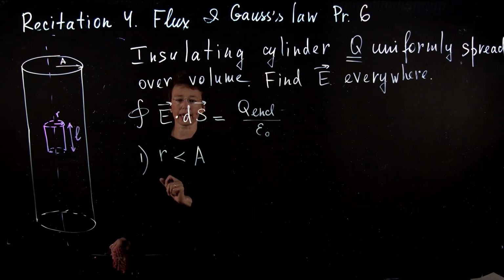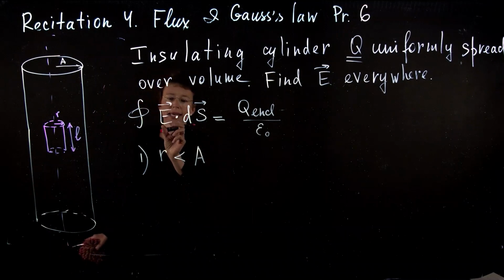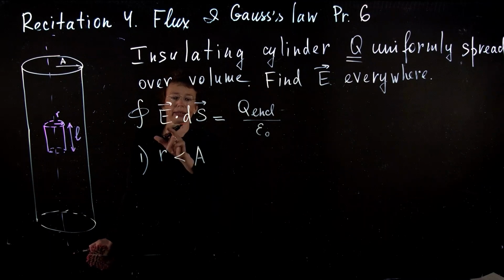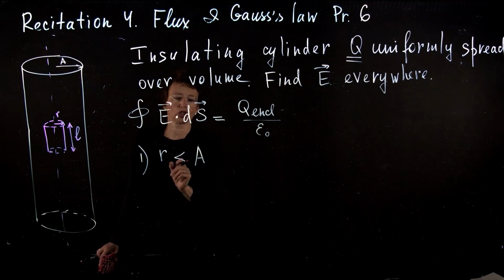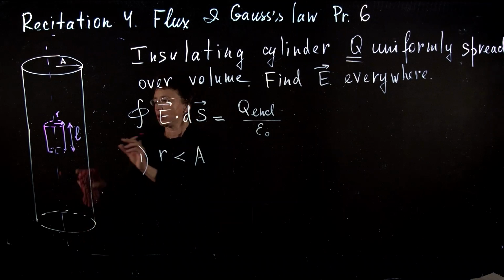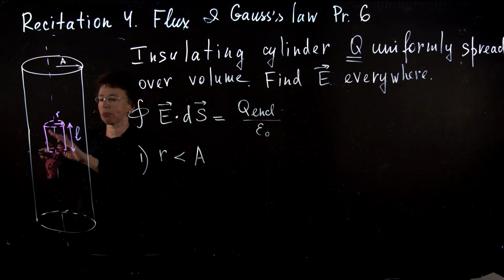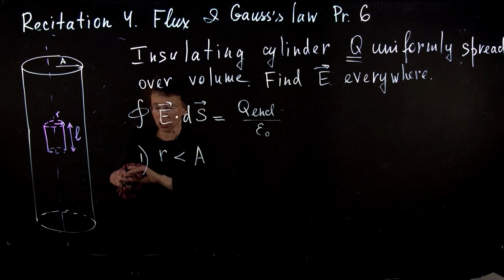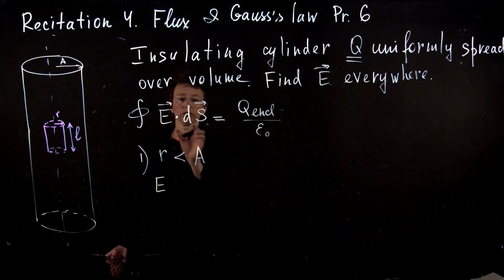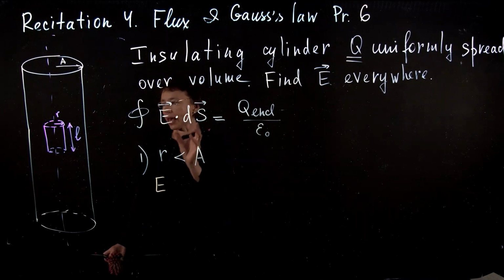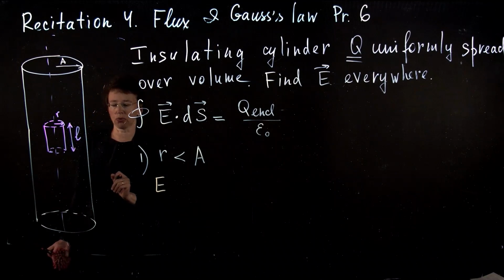So let's apply Gauss's law. Because of the cylindrical symmetry, the electric field at each point is in the same direction as the area vector. E is the same at each point of this cylinder, so I can take it out of the integral, and then the integral of dS is S, the surface area of this cylinder.